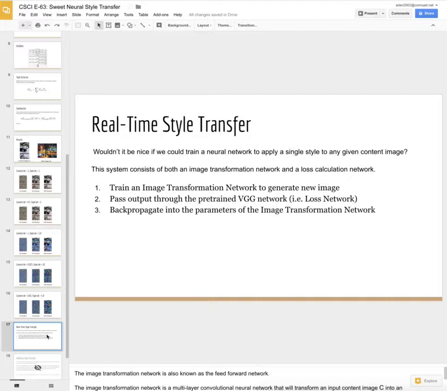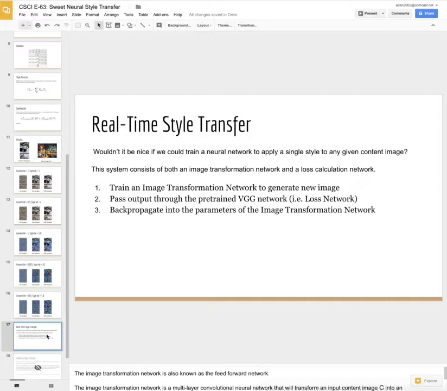We backpropagate the errors of the loss functions into the parameters of the image transformation network to improve the final output, so that it does a better job of combining the style and content features that we are interested in.